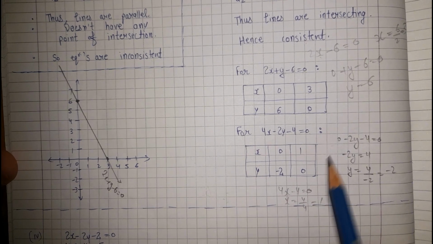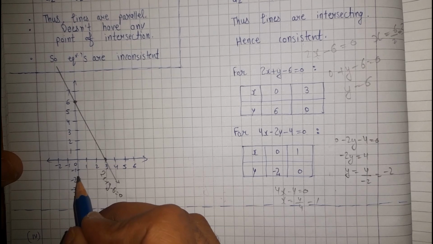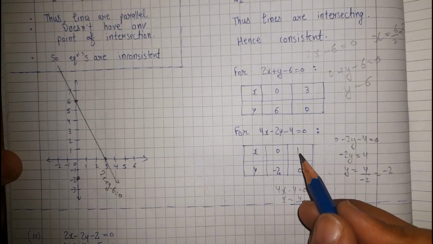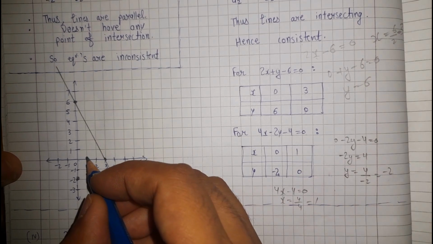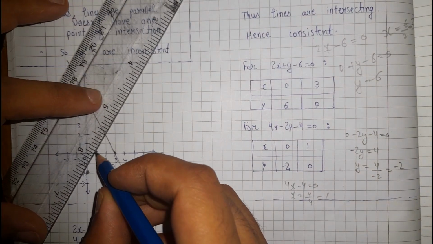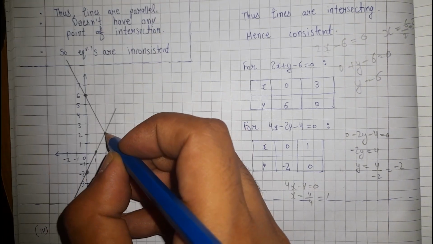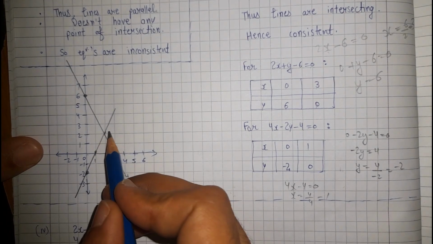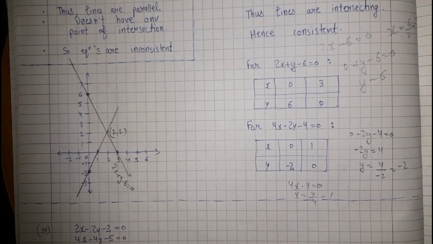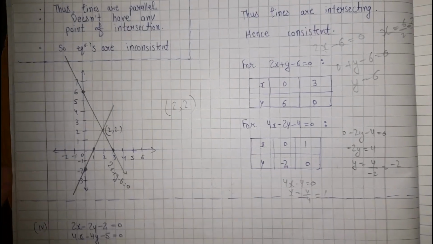Now plotting these points on a graph, at x is 0, y is minus 2 and at y is 0, x is equal to 1. Now joining these 2 points, the point of intersection is 2, 2. Hence the required solution for these 2 equations is 2, 2. That is x is equal to 2 and y is equal to 2.